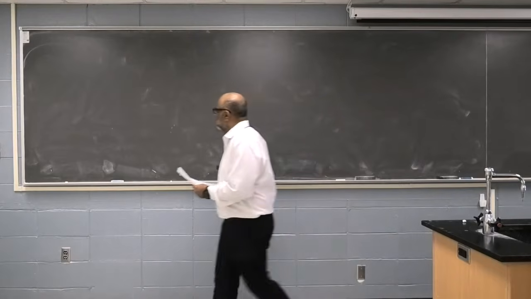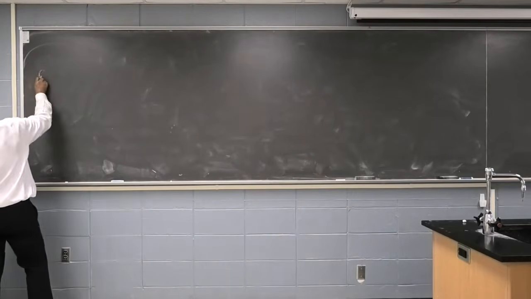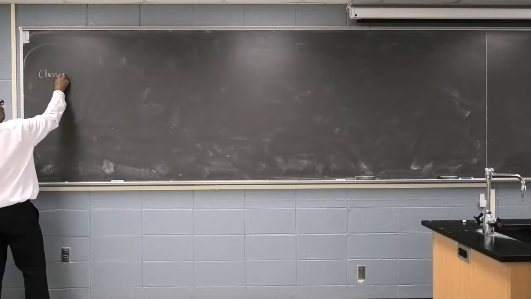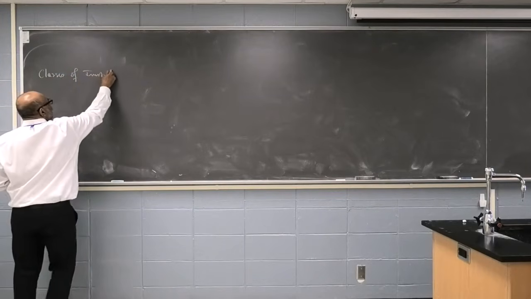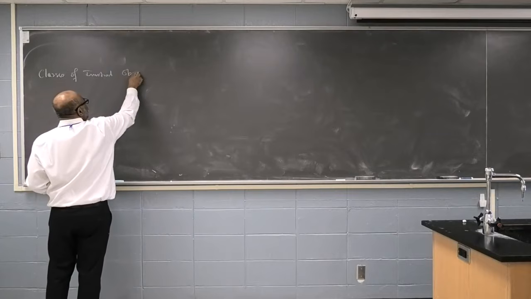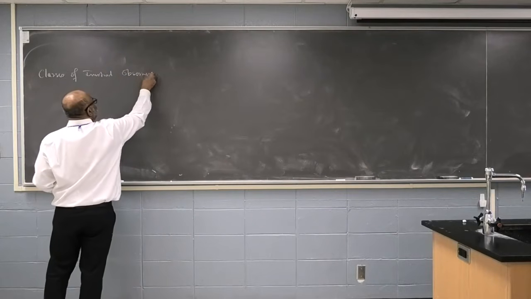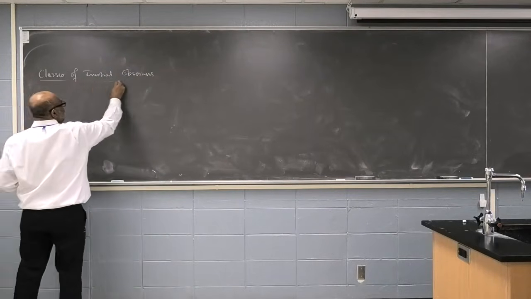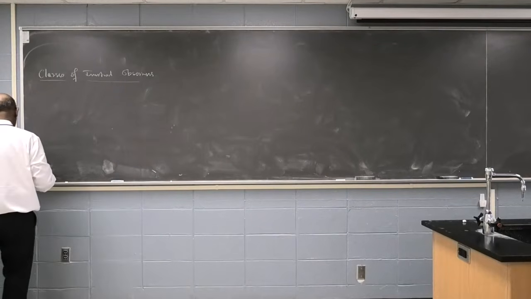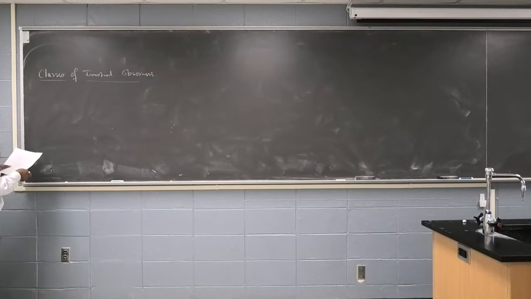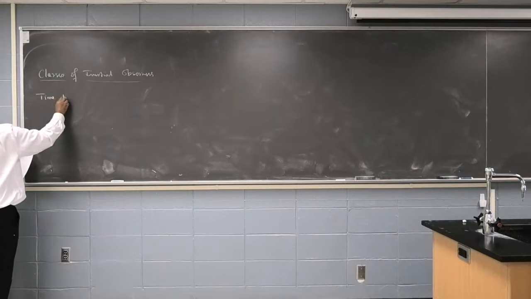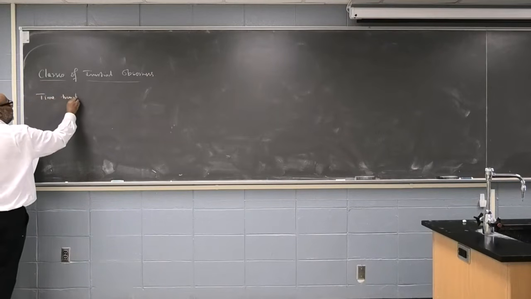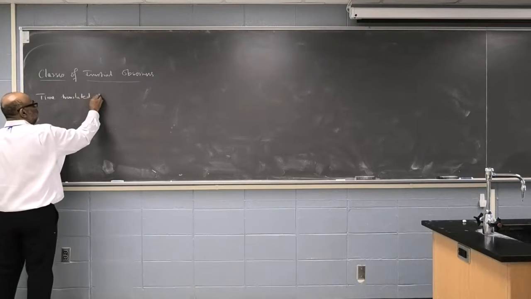So this is section 2.2, classes of inertial observers. I'm just going to label them. First, the time translated observer.